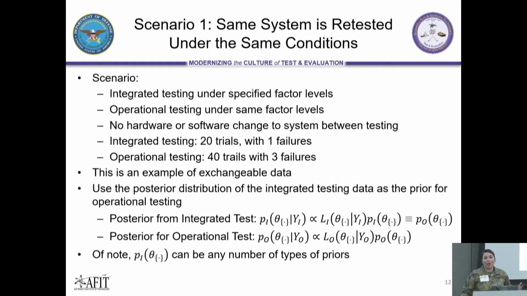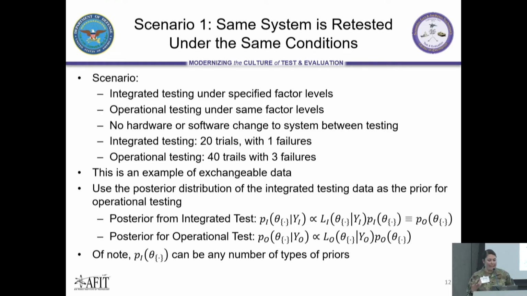Then you transition to operational testing and you're testing under the same exact factor levels. And this might be because you didn't get enough information in integrated testing. For whatever reason, there's no system change, there's no hardware or software change. It's literally the exact same test. Under this example, we would consider this data exchangeable. We would consider it IID.